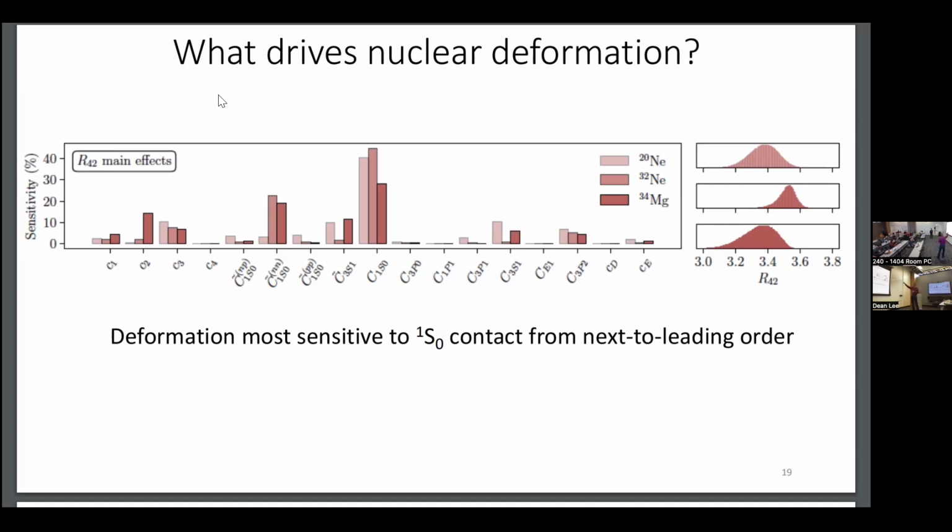Right. So we tested this only for these nuclei. And out of these nuclei, neon 32 and magnesium 34 are fantastic rigid rotors. So if you look at the spectra that are known, it's wonderful J times J plus 1. Neon 20 is not as rigid. So in that sense, this was an ensemble of nuclei, this mass region, where we at the moment think we can do business well.